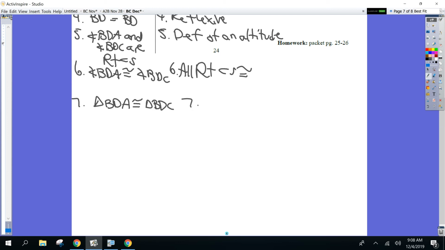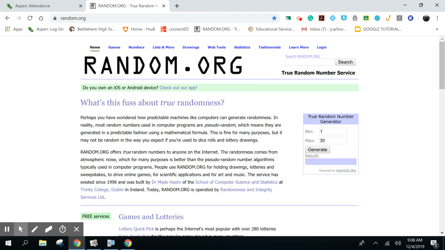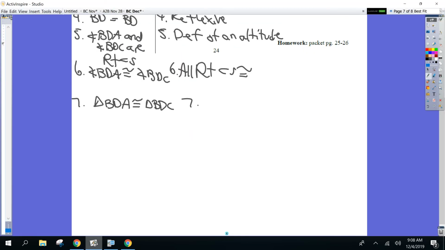What do you got for a method? Oh boy, huge here. 6. We've been having a good day here. Way to keep it going. You were rattled at the beginning there, Mike. I could tell, but then you picked it back up. Nice job. Why do you need the triangles congruent? Yeah, CPCTC.